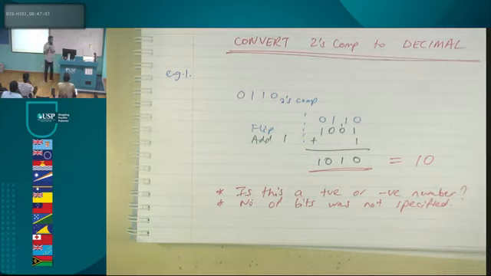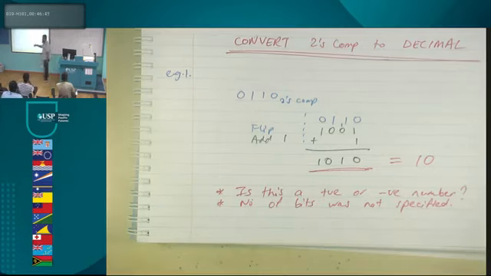The same goes for going backwards from two's complement to binary. If it's positive, you apply one pathway, and if it's negative, you apply a different pathway.